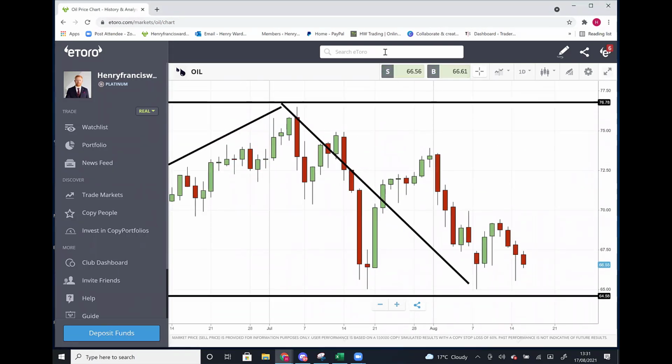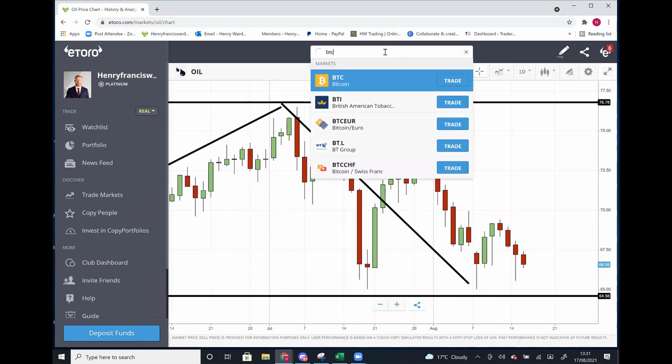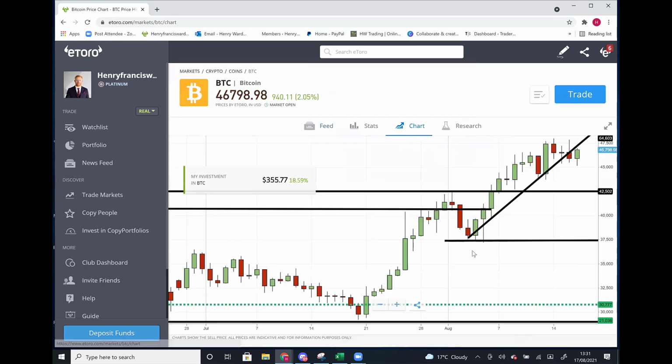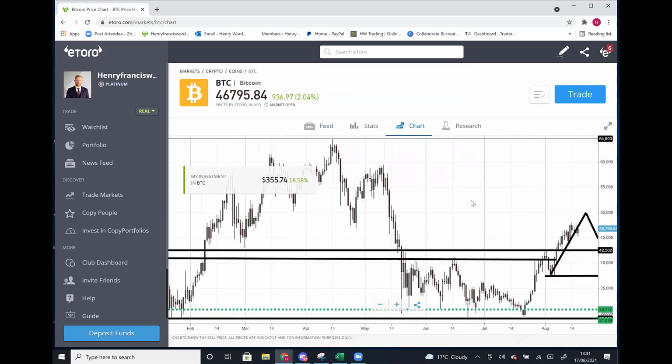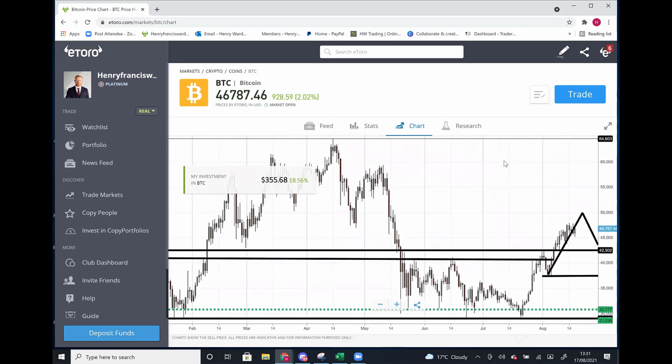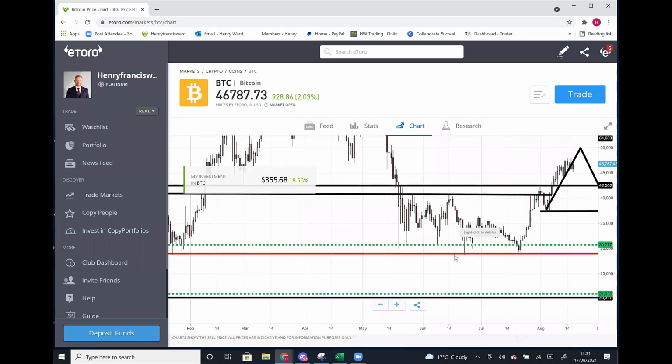So if we look at BTC, for instance, chart. Look at this level, 1, 2, 3, 4, 5, 6. There was no manipulation of that there.